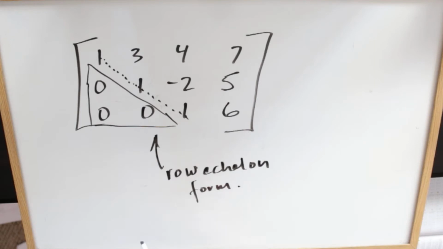There's another type, and unfortunately your textbook doesn't get into it, but it actually makes solving these equations or these matrices very, very easy. And there's another form that's called a reduced row echelon form.